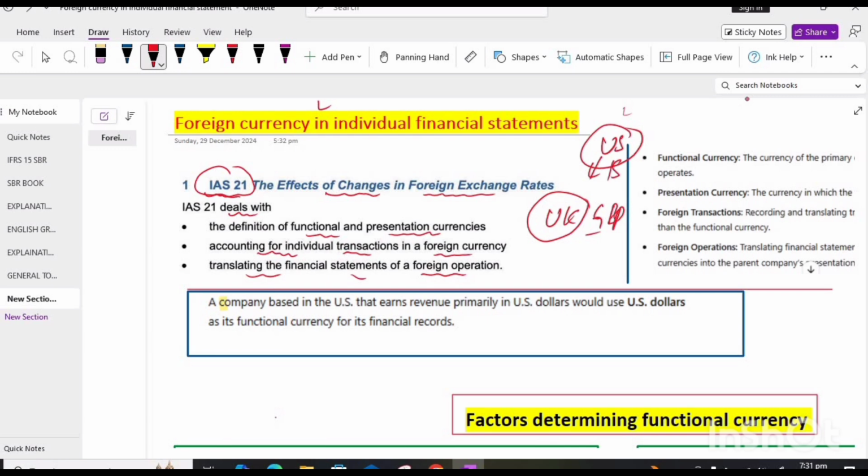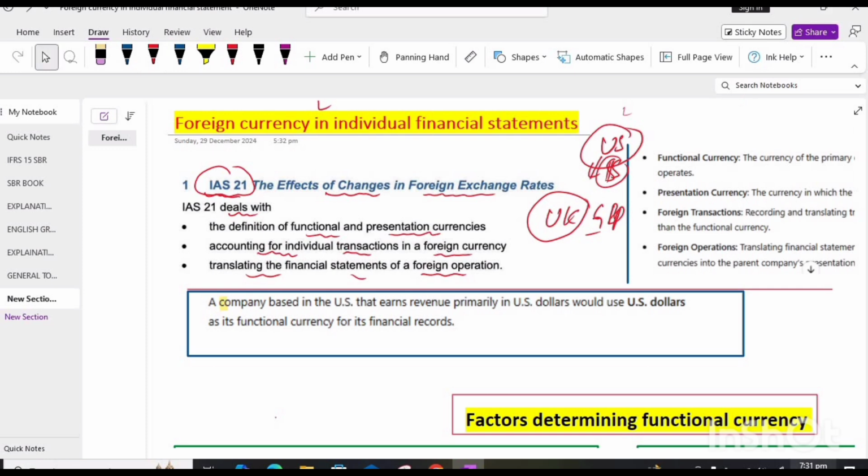So they will convert or translate the dollar to the GBP. This guideline is provided by IAS 21, and the UK parent company will use the GBP, the sterling pound, as its presentation currency. Clear?